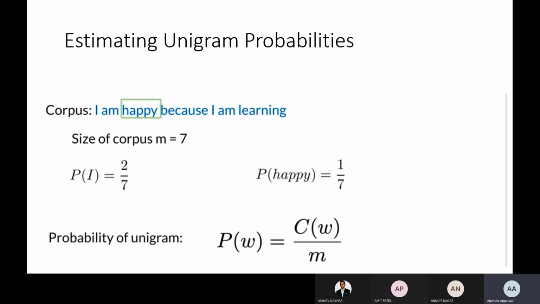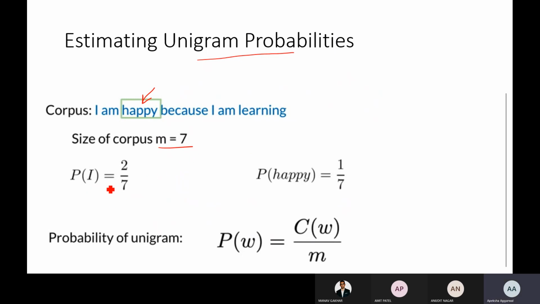So let's see how to calculate the unigram probability. Unigram probability means the chance of occurrence of that word in the corpus. So what are the chances of occurrence of happy in "I am happy because I'm learning"? How many words are there? 7. So the size of the corpus is 7.